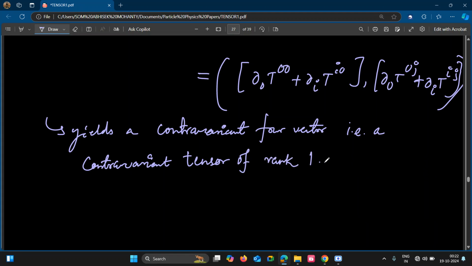Okay, contravariant tensor of rank 1. So the operation of divergence on a contravariant tensor will give a rank of m minus 1, always, because here we took rank 2 and the one we got was rank 1. Okay. Yeah.